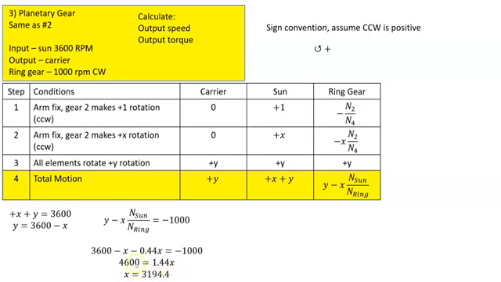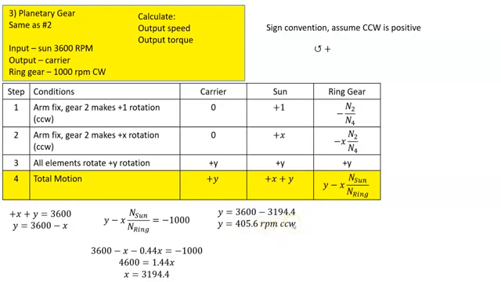Now we can solve for y, which is our output, the carrier. We substitute for x: 3600 minus 3194.4, and we end up with the value of the carrier as 405.6 RPM going counterclockwise.